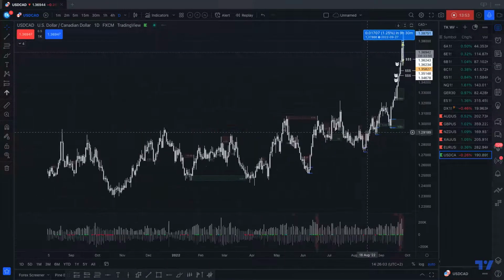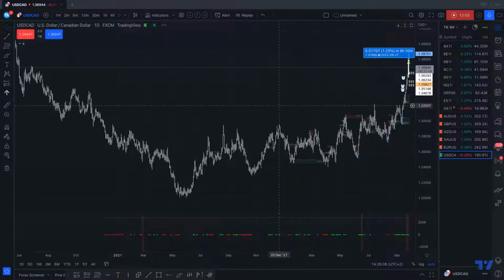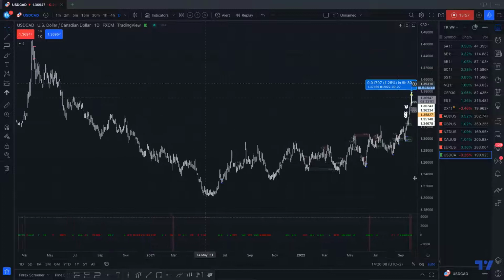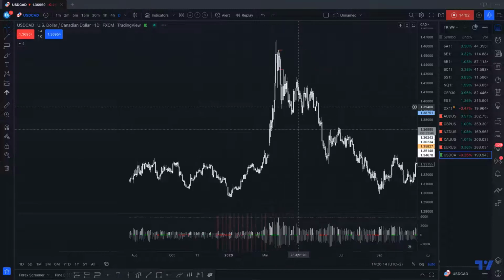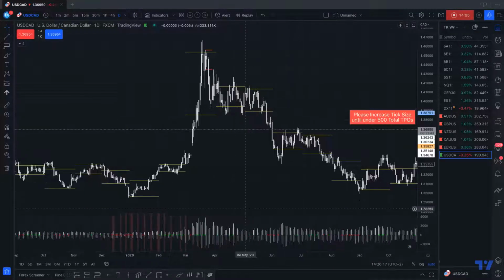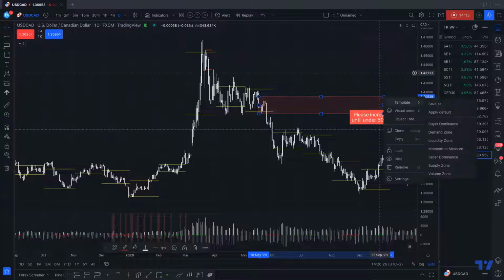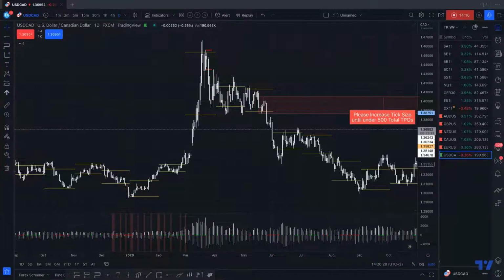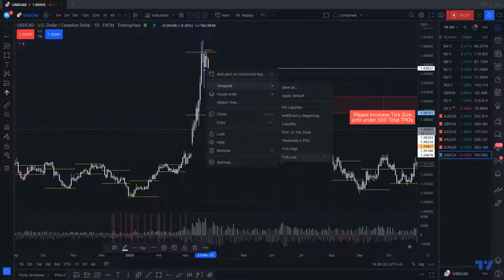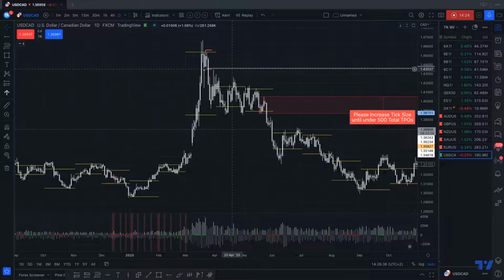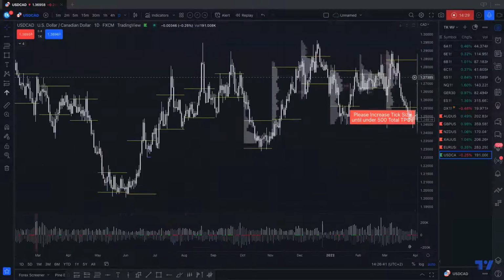I mean, basically, we are at the max for a long time, but as you can see, this is the first zone that we can consider, and this is another imbalance, an inefficiency that begins.